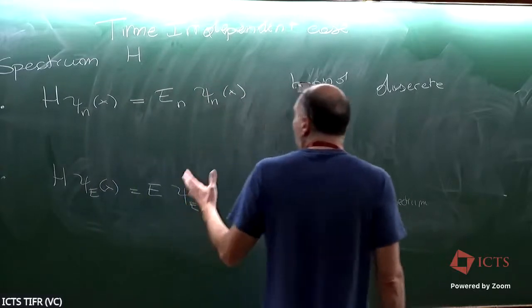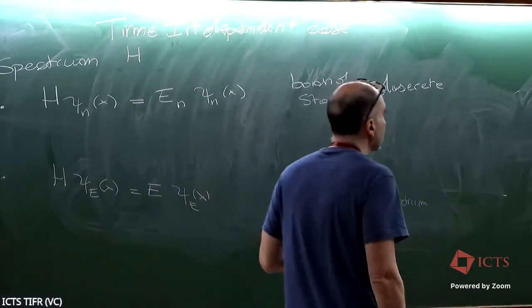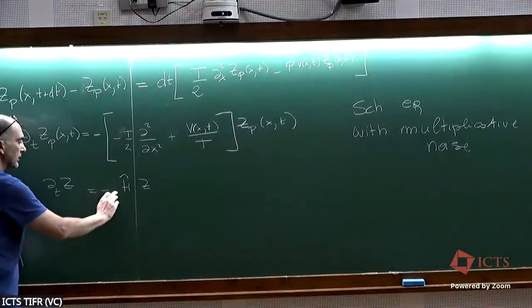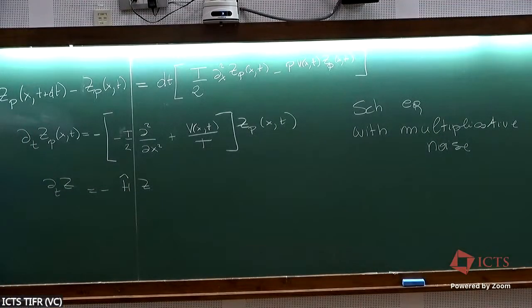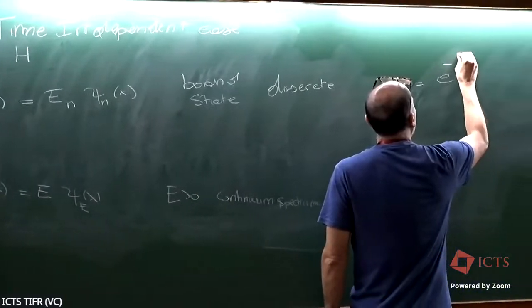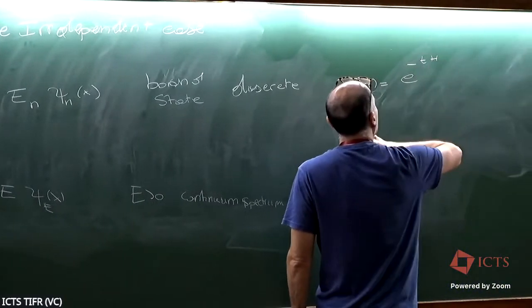And then for that, if you have these eigenstates, and if it's of the form dtz equal minus hz with h time independent, then z of x,t is of the form exponential of minus t h.